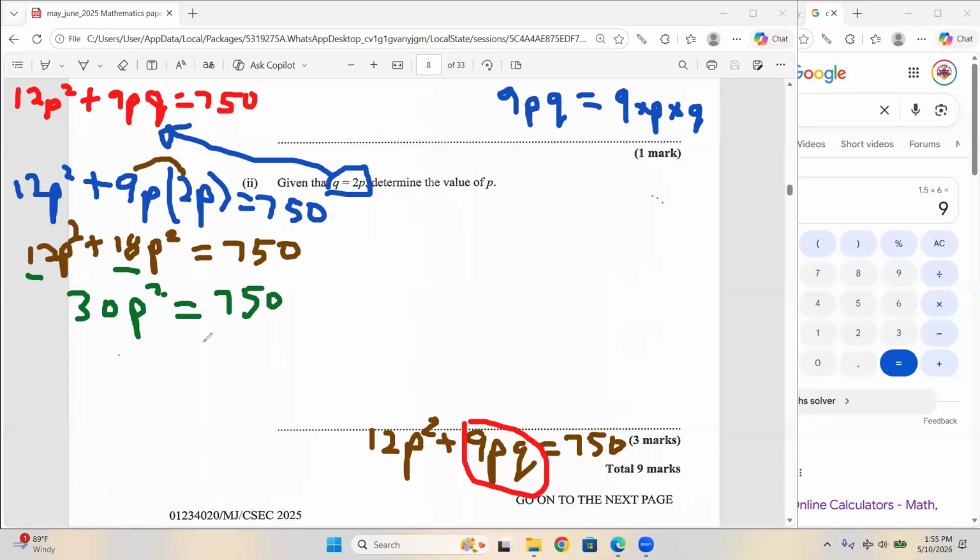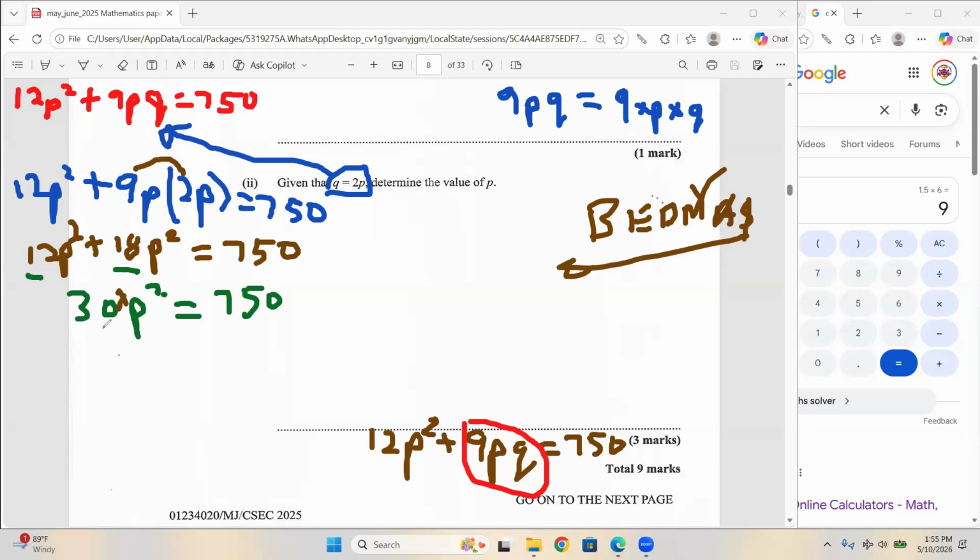30 P squared means 30 multiplied by P squared. So we need to get rid of the 30 before we can get rid of the squared. As of right now, I am in the process of transposing. By transposing, there's nothing subtracting, nothing adding. There is something multiplying, which is 30 multiplied to the P squared.